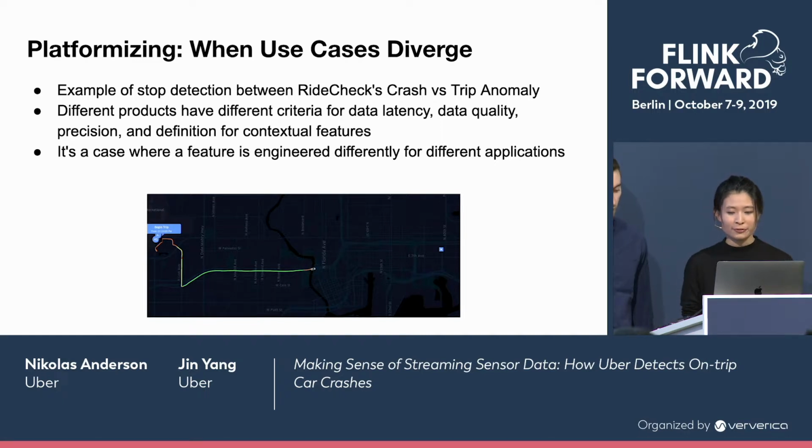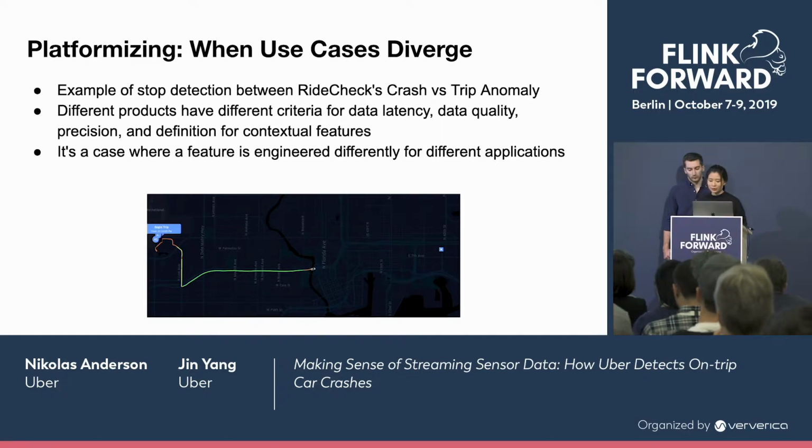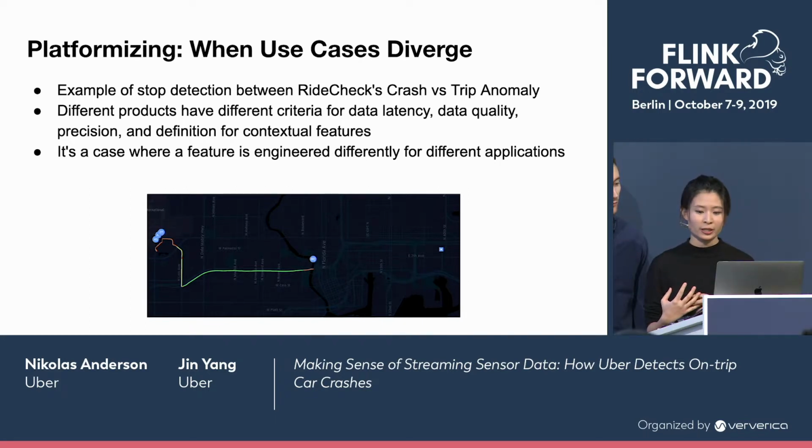Just for the previous reason that I mentioned, our previous iteration was intentionally very modular so that we could share some sensor features with other teams. Take an example from our RideCheck service, other trip anomaly detection, long stop detection.